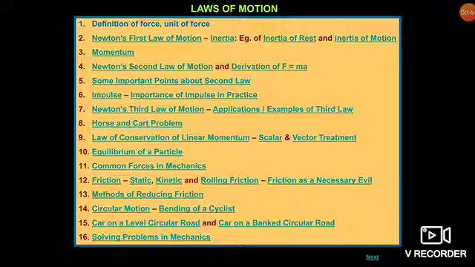We all know what friction is, but we will explore it today. So friction can be divided into static friction. First, suppose there is one table and on this table one box is placed.